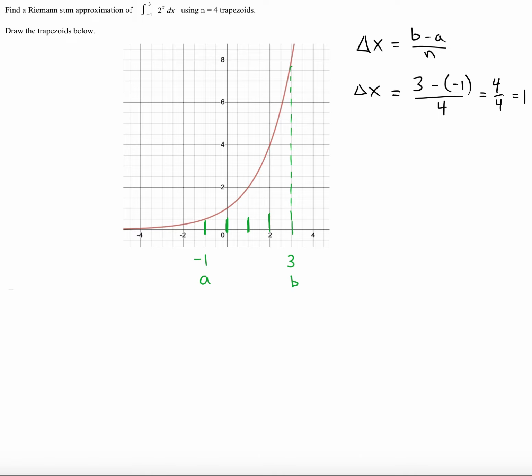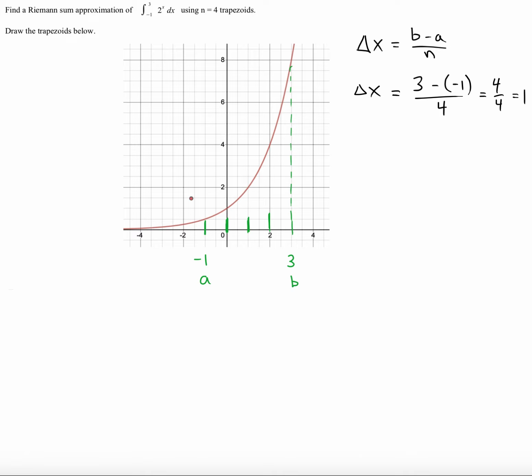Now, when we had done a left Riemann sum, we let the left side of the rectangle determine the height of the rectangle. And when we did a right Riemann sum, we let the right side of the rectangle determine the height of the rectangle. This time we're not going to be using rectangles, we'll be using trapezoids. So we're actually going to let both the left and the right determine the height.